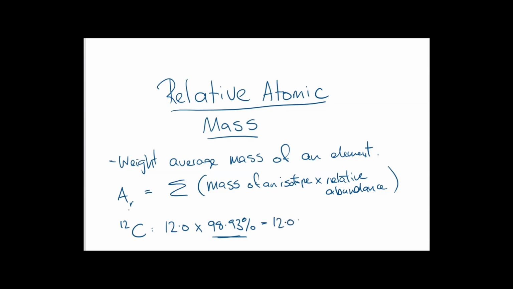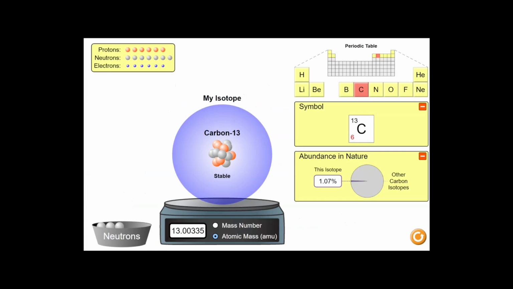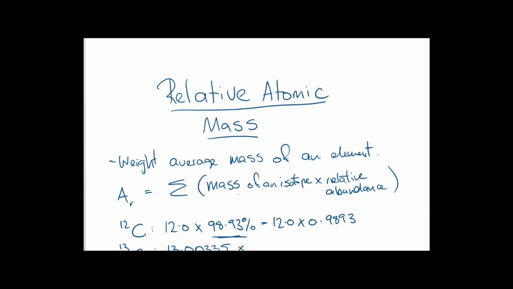So that's going to be 12.0 times 0.9893. Then we had carbon 13, and that had a mass of just over 13, so 13.00335, and that had a relative abundance of 1.07%, so 0.0107.